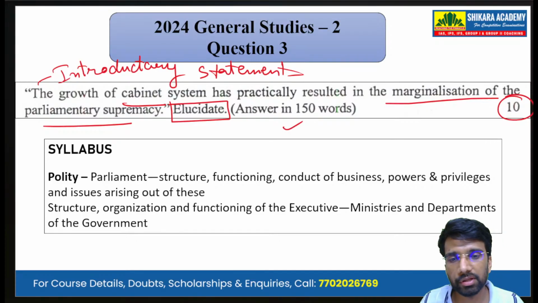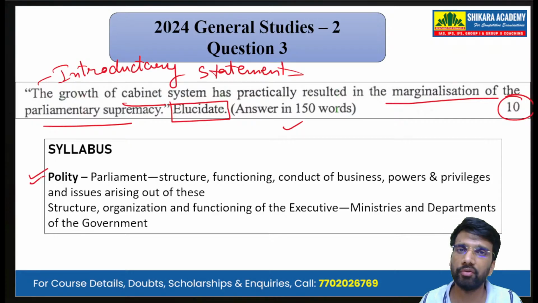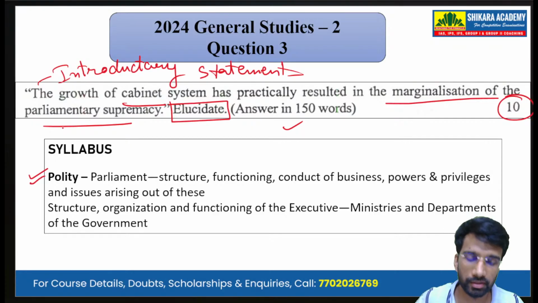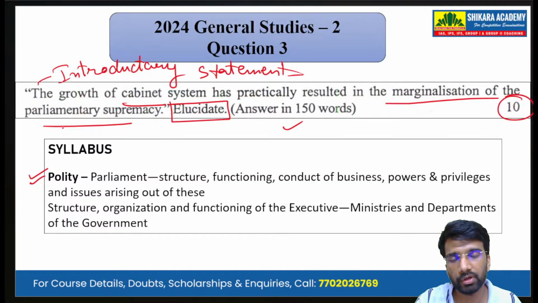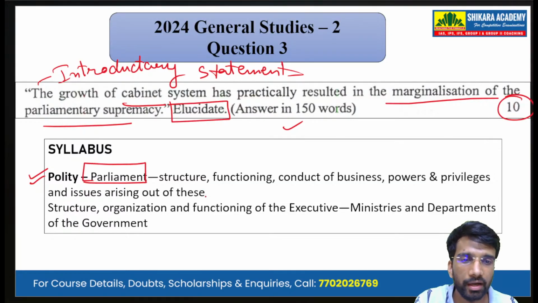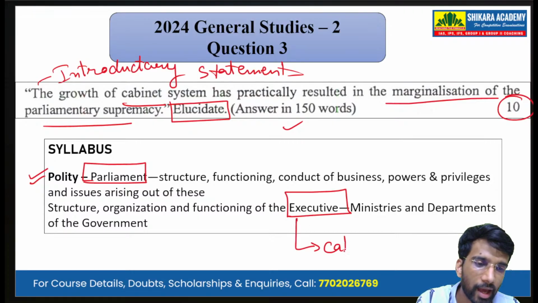Now, mapping it with the syllabus, we see that it has been asked from the subject of polity, and it is not asked from one fixed topic. It has been asked from the parliament and the executive because it is talking about the cabinet system.